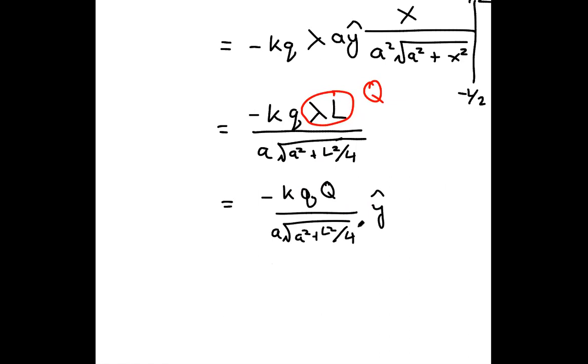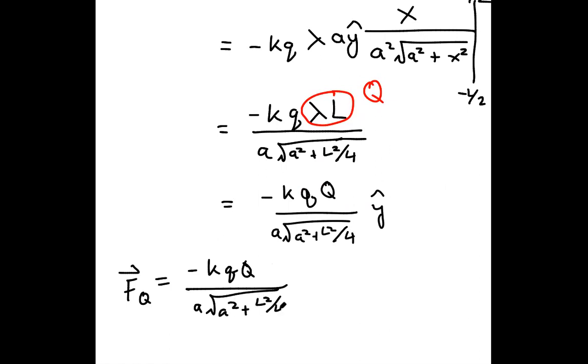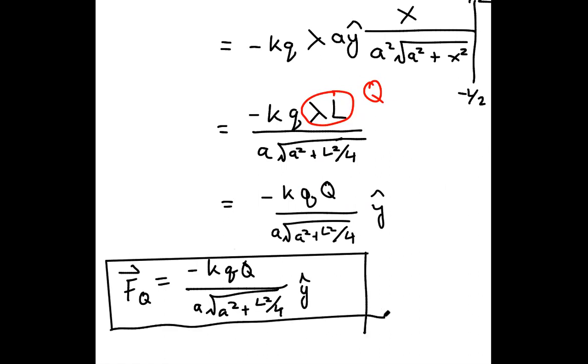And so we know that the final value, F sub q, is equal to negative kq q all over a times the square root of a squared plus L squared over 4, y hat. There we go. So that's the final value.